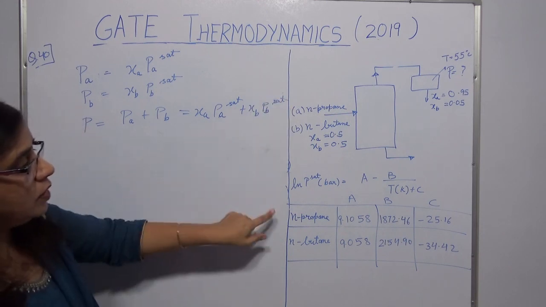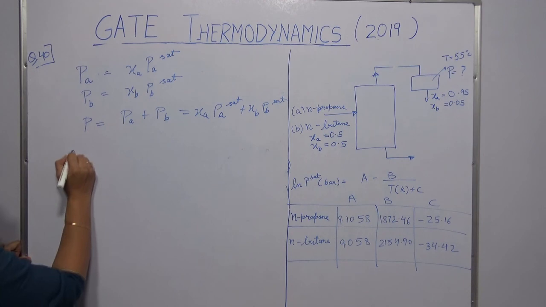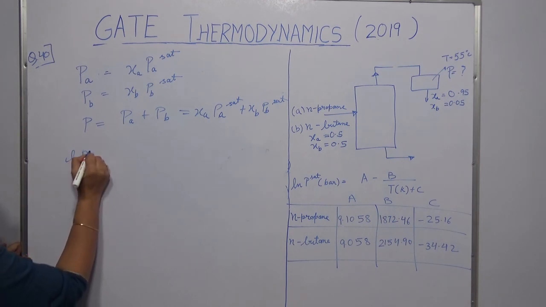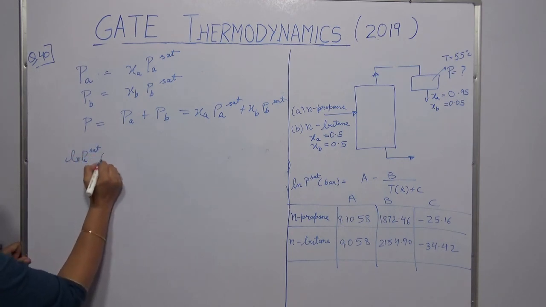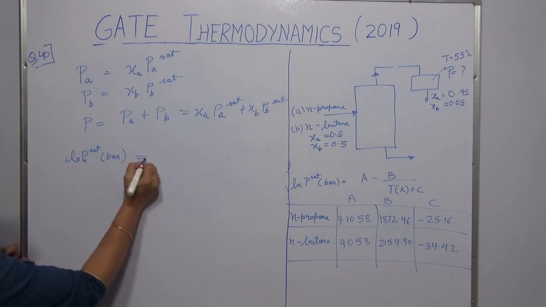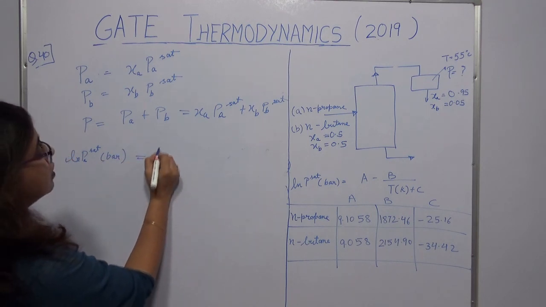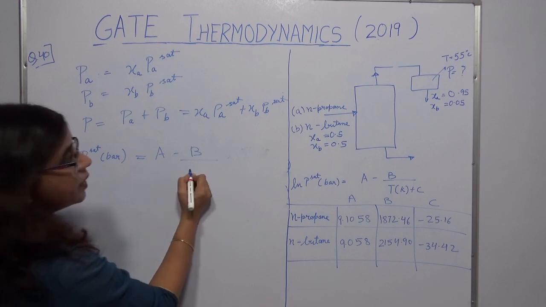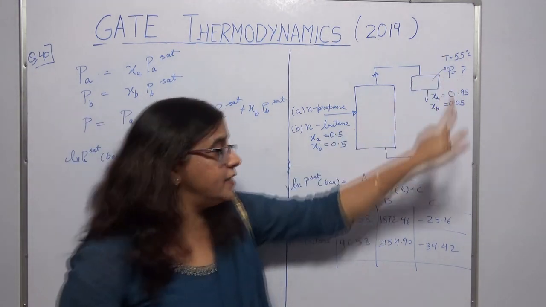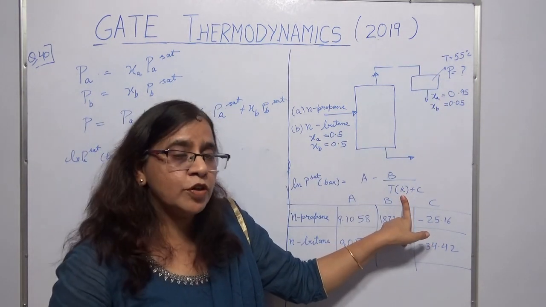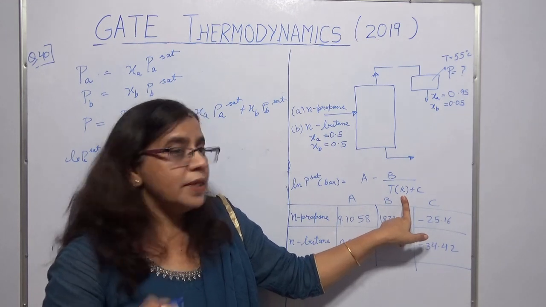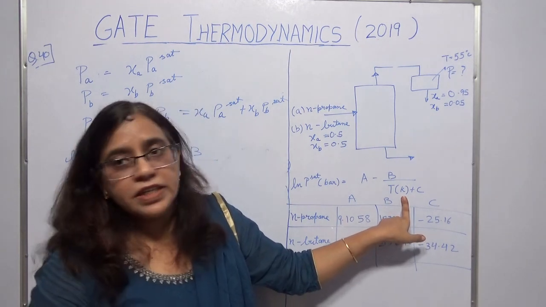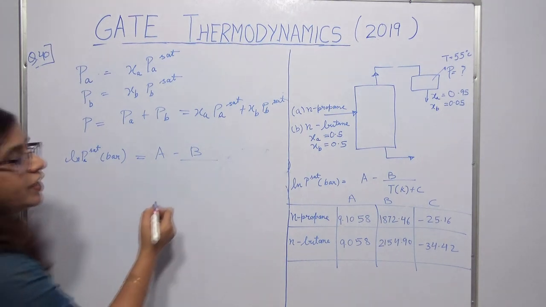Now you can quickly evaluate your PA saturation. Mind it, don't forget to convert your temperature because it is given in Celsius, and here they have given you the formula where you have to put your temperature in Kelvin. So 55 degrees centigrade will be equal to 328 Kelvin.